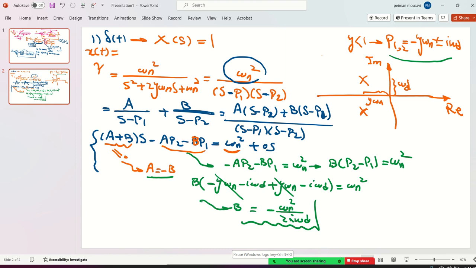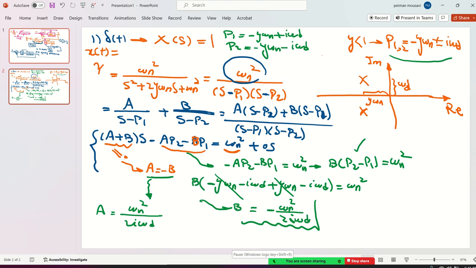There we go. I'm writing here, say p1 is minus zeta omega n plus i omega d, and the p2 is minus zeta omega n minus i omega d when you put in here. So when you have that, you have A. A is omega n squared over 2i omega d.